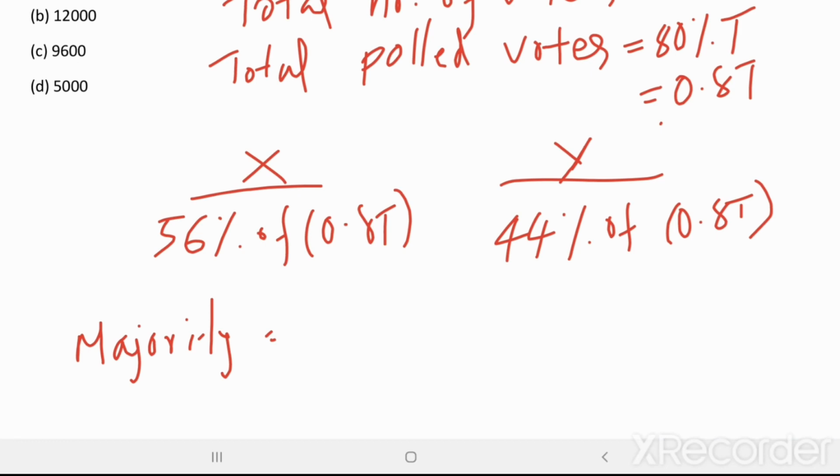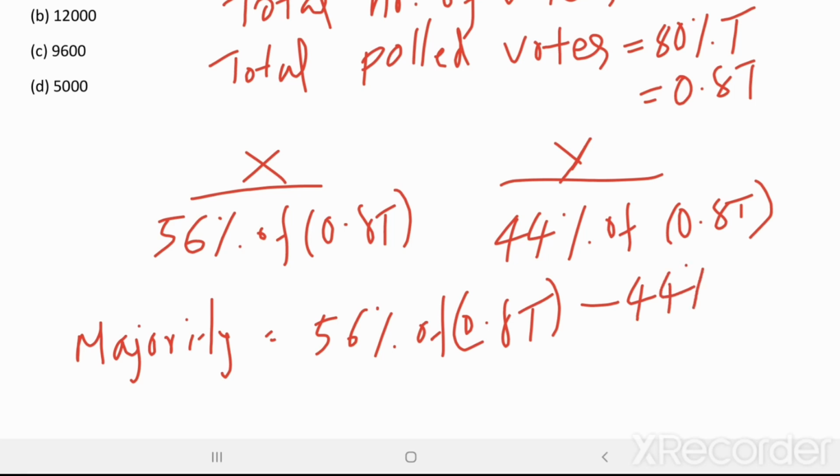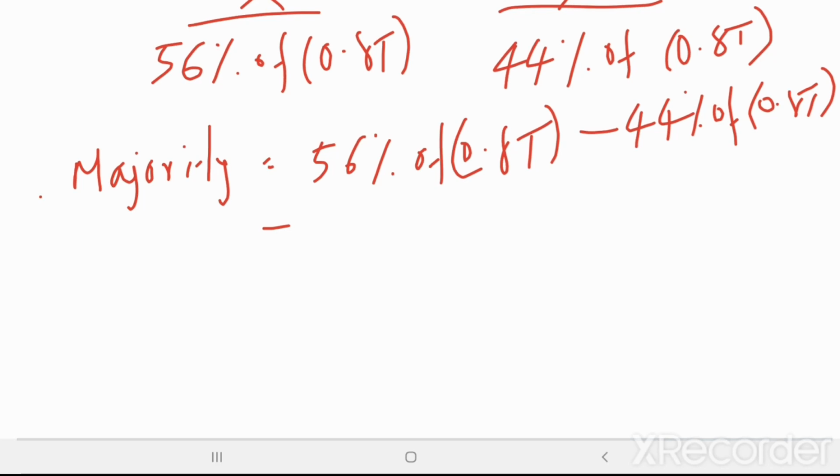So 56% of 0.8T minus 44% of 0.8T, we get 12% of 0.8T.